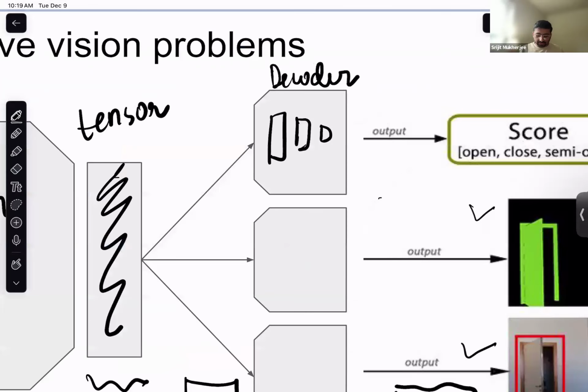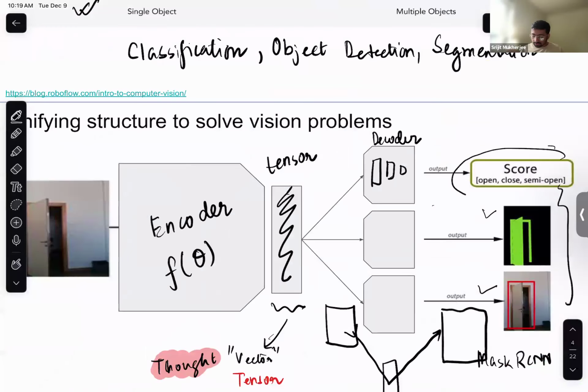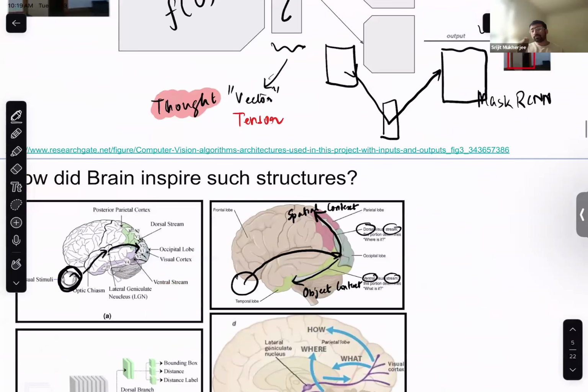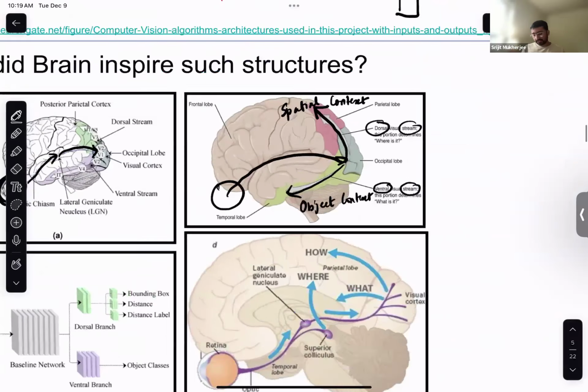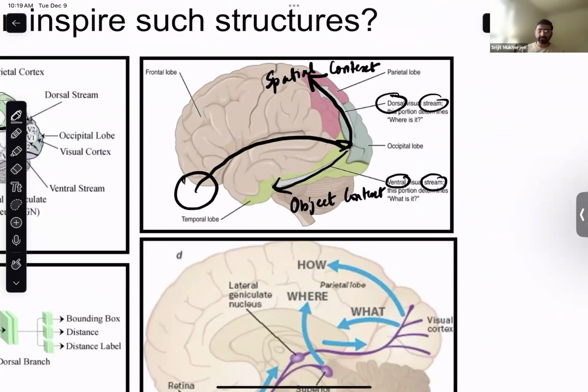That's why you reduce the spatial structure. So classification, whether the door is open or not, needs the object context, not the entire spatial context. And so often what I feel is that this ventral stream is similar to the classification branch.